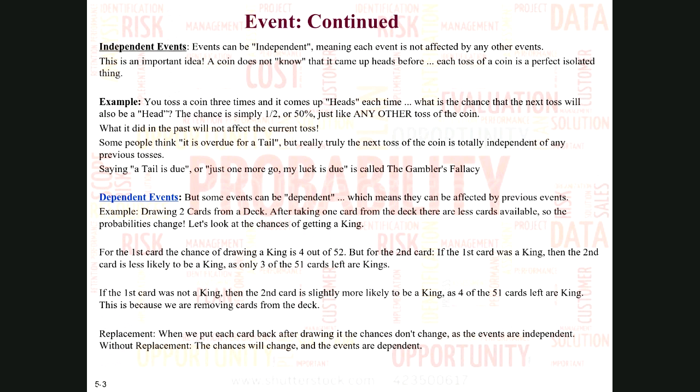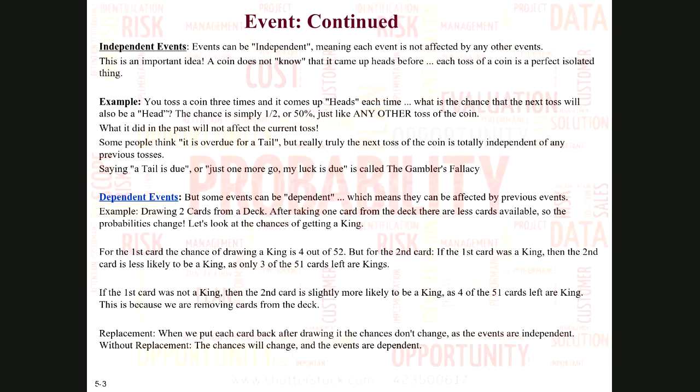A coin does not know that it came up heads before, and each toss of the coin is a perfectly isolated thing. Okay, even though the probability of getting a head and then a tail is 50%, or getting a tail and then a head. Okay, and they are different events. A head before the tail is a different event. A tail before the head is a different event.